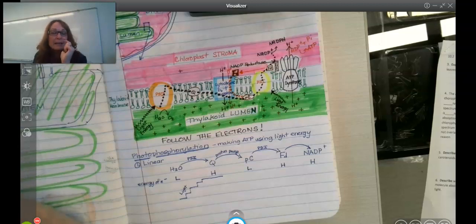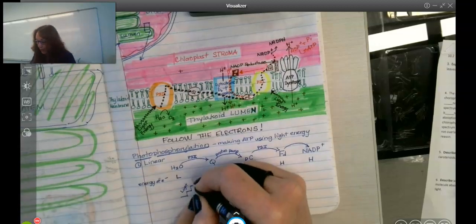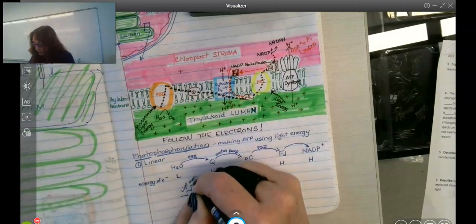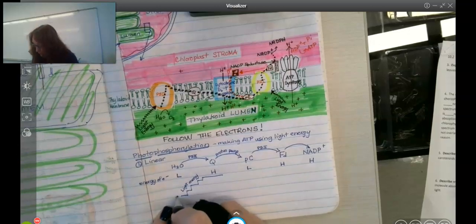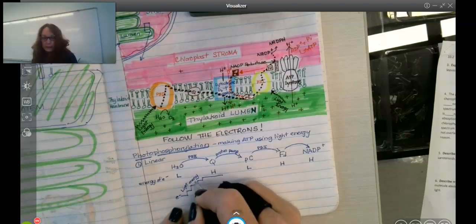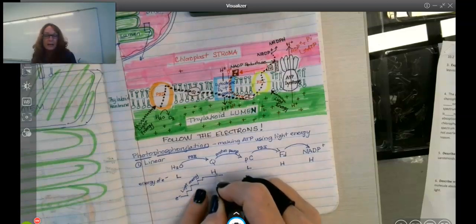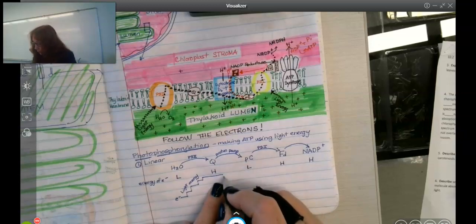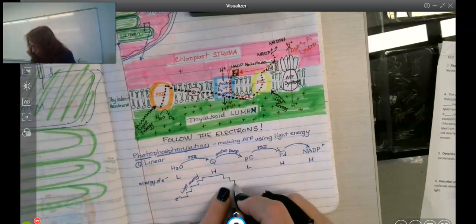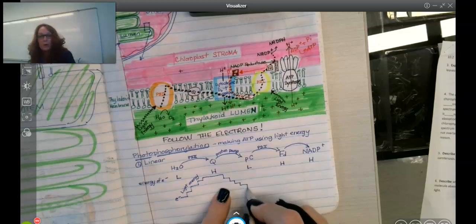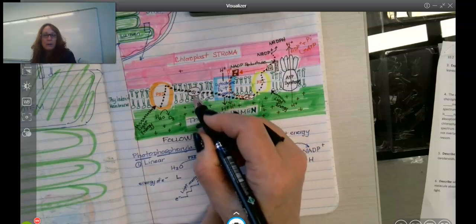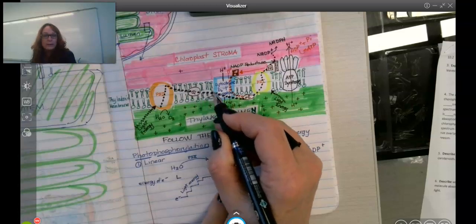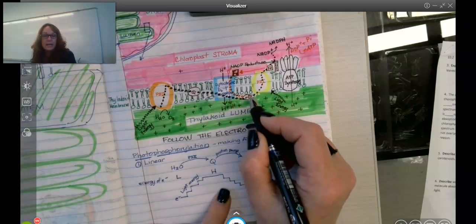So light energy is what's going to change the energy level of the electron. Now our electron has stepped up to high energy, and then we're going to reduce the energy of the electron back down, because we've passed it from an electron acceptor that holds it less tightly, lower in electronegativity, to something that holds it tighter.